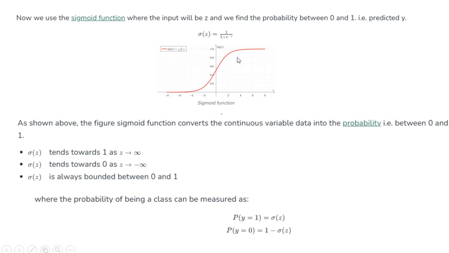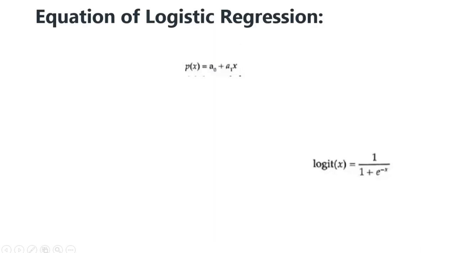The probability of y equal to 1 is sigma of z, and the probability of y equal to 0 is 1 minus sigma of z. So this is how you write the probability. The probability that it belongs to class 1 is sigma of z. The probability that it belongs to class 0 is 1 minus sigma of z. And what is sigma of z? Nothing but 1 by 1 plus e power of minus z.